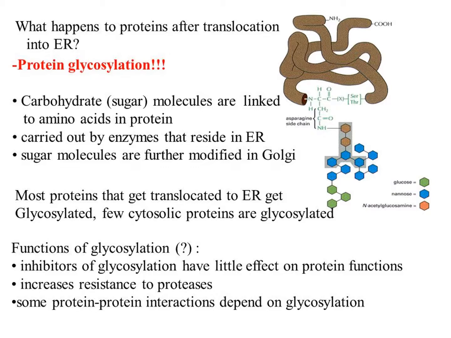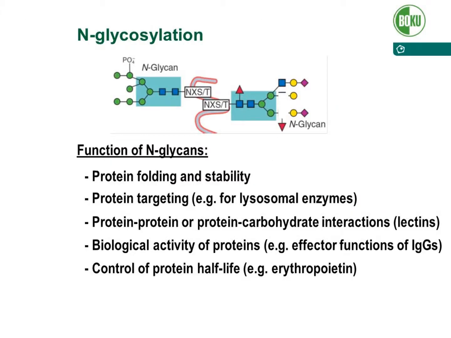It may help them survive proteases. If the protein goes to the lysosome, there's a lot of proteases. Sometimes proteins have to handshake with other proteins, and there's some carbohydrate that needs to be involved in that. So those are two reasons. Folding and stability, sometimes moving to the correct department.